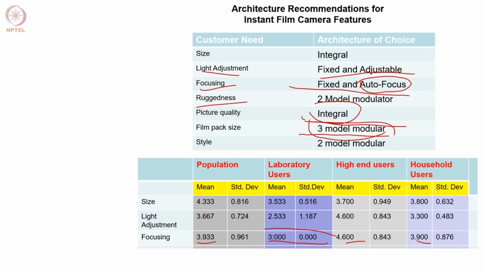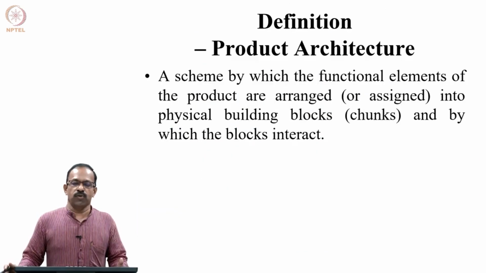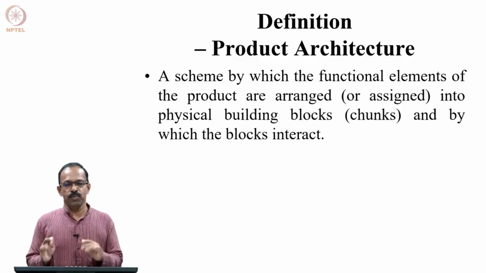Based on the customer needs and the distribution of these customer needs across the population as well as across the segments, you will be able to analyze the variation of this requirement, and based on the architecture suggested and the algorithm that we discussed, we will be able to decide what will be the portfolio of products and then what will be the portfolio architecture for the product. Okay, so that is about the portfolio architecture, about the family of products.